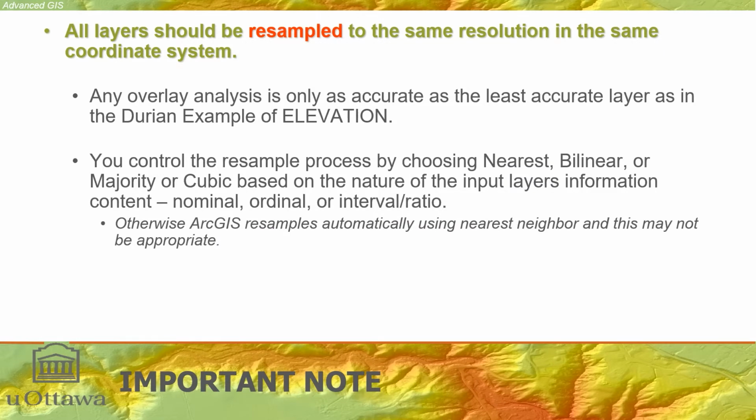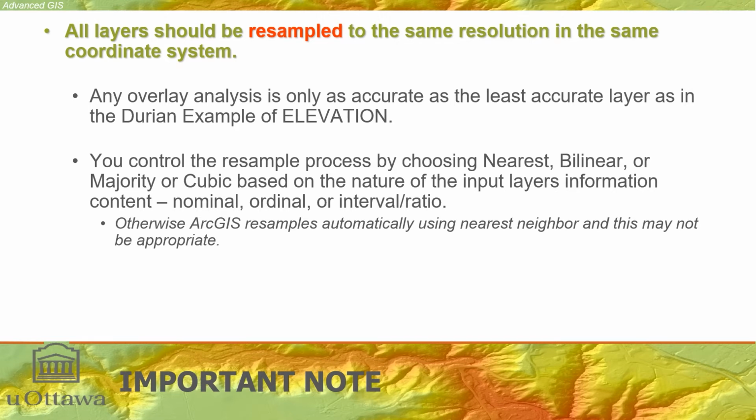Moreover, all layers should be resampled to the same resolution in the same coordinate system. So any overlay analysis is only going to be as accurate as the least accurate layer. And in the Durian example, we have elevation. Elevation is an approximately 90 by 90 meter cell size.